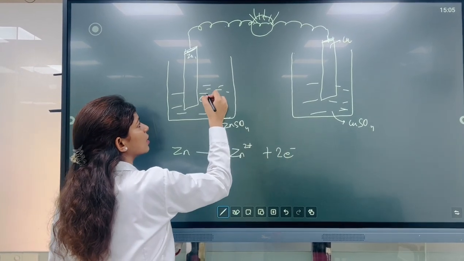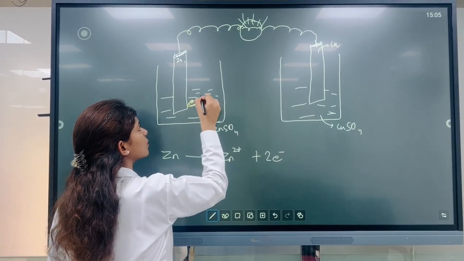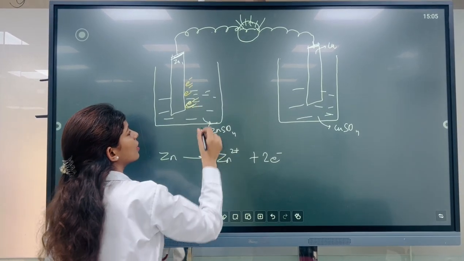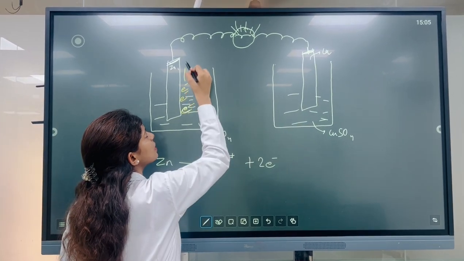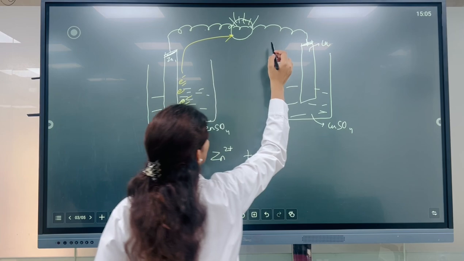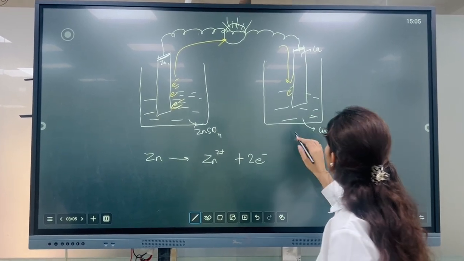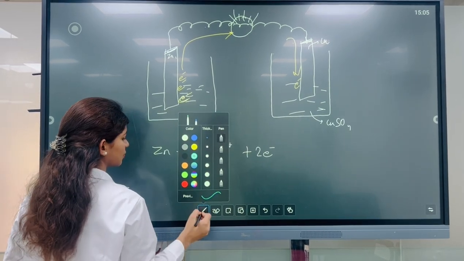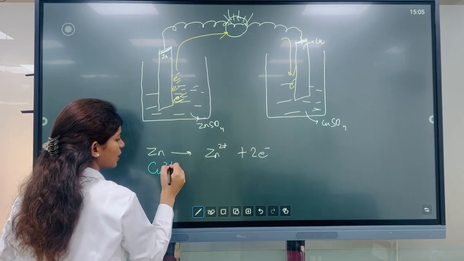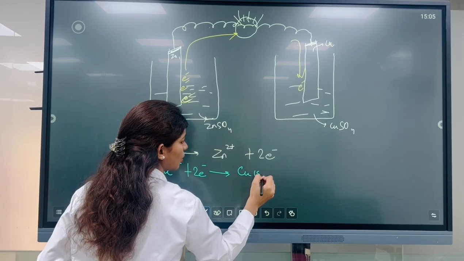These electrons will be released by the zinc and will travel from this side to this side. Now electrons will be gained here by the Cu2+ ions. Cu2+ ions will accept 2 electrons and form solid Cu.